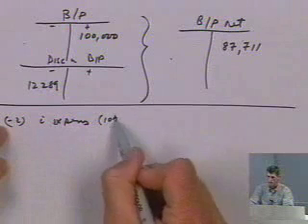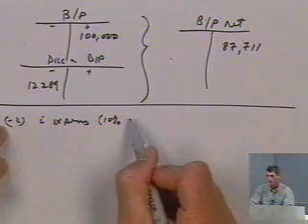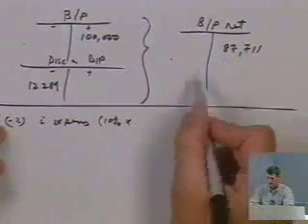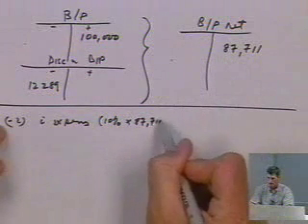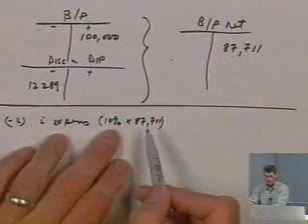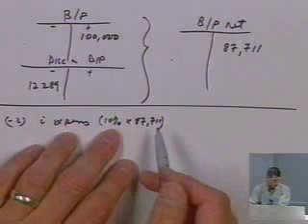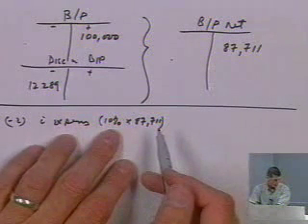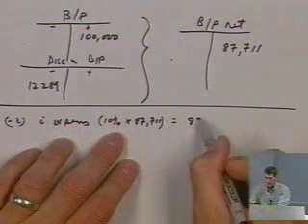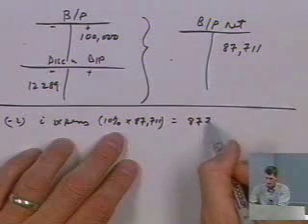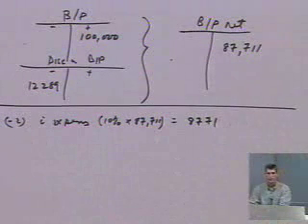So it's going to be 10% times the amount they borrowed, in this case, the amount up here, 87,711. So the interest expense in the first period is going to be $8,771, give or take a few pennies.